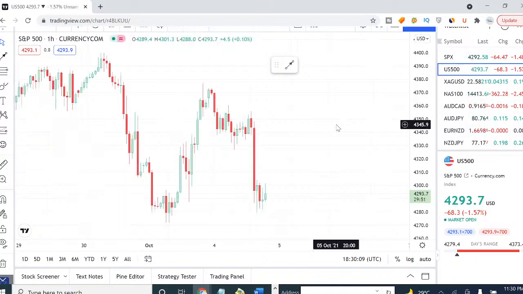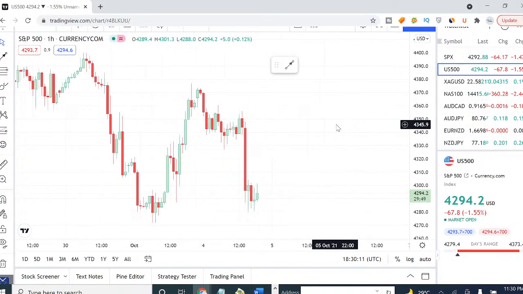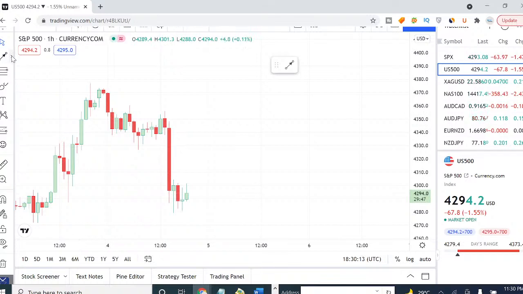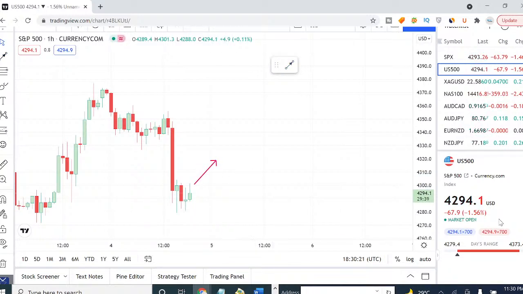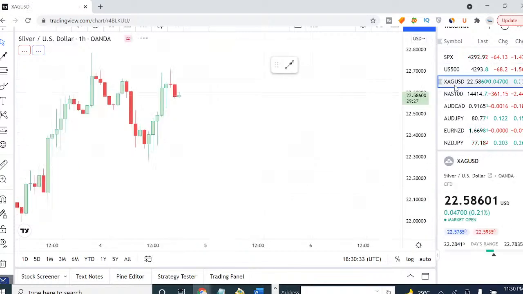US 500, guys, please note down that with a tight stop loss like I have mentioned before, it's a good time to buy it. Okay, so this is the buying zone for US 500, S&P 500. So this is the good time to buy it. Okay, so this is how you can do it.